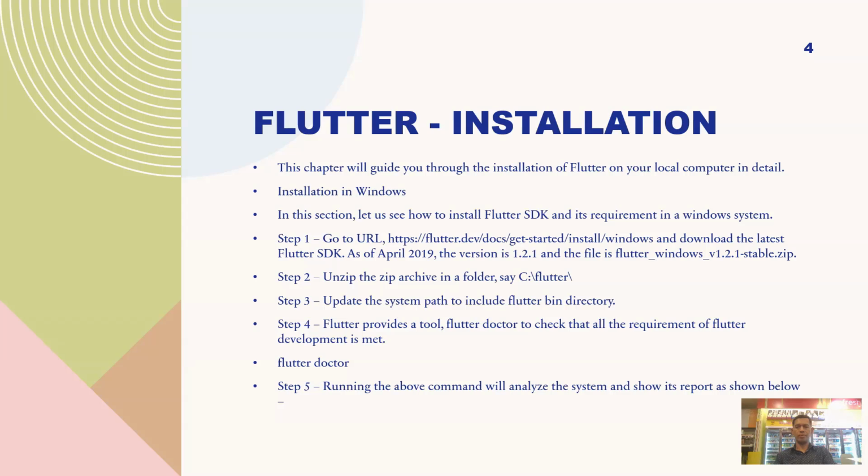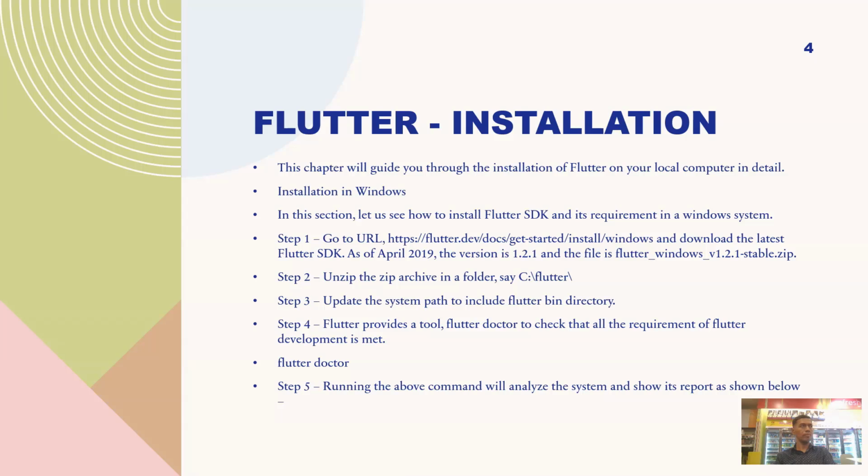Step 1. Go to the URL https://flutter.dev/docs/get-started/install/macos and download the latest Flutter SDK. As of April 2019, the version is 1.2.1 and the file is flutter_macos_v1.2.1-stable.zip. Step 2. Unzip the zip archive in a folder, say /path/to/flutter.